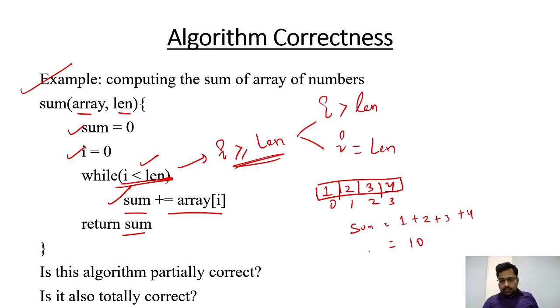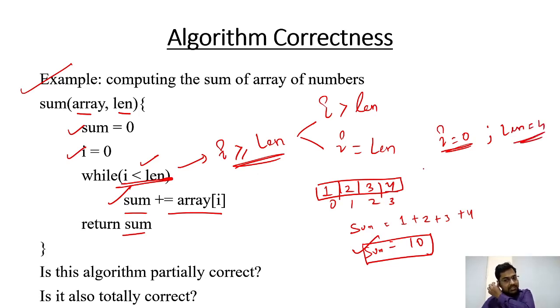Sum should be 10, but instead of getting 10, suppose you are writing length, I starting from 0 and length is 4. In that case, it will be checking the condition, but only the first will give you the correct answer.